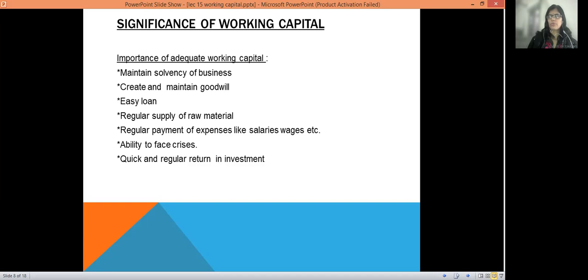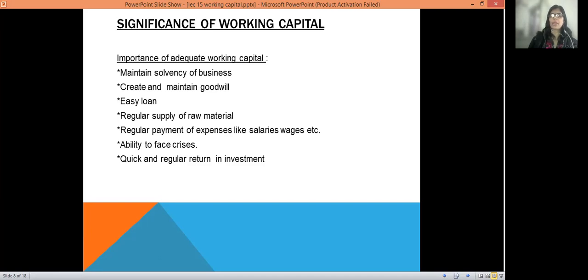So if you want to maintain goodwill in the market, you have to satisfy the customer, you have to provide the goods on a regular basis, you have to keep in touch with market changes, and you have to make innovative and technical changes according to the requirement. So in this way, if you are able to maintain the working capital, you can create and maintain goodwill.